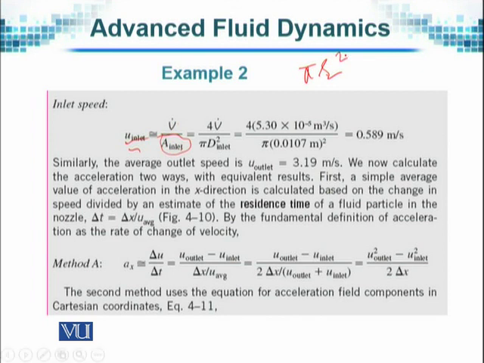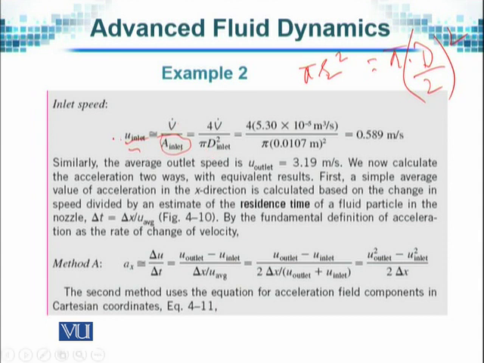But we have not been given the value of r. Instead we have been given the value of diameter. So r is equal to d by 2, and if we work that out, it turns out to be 4 times V dot, the volume rate, divided by pi into d square, d at inlet.